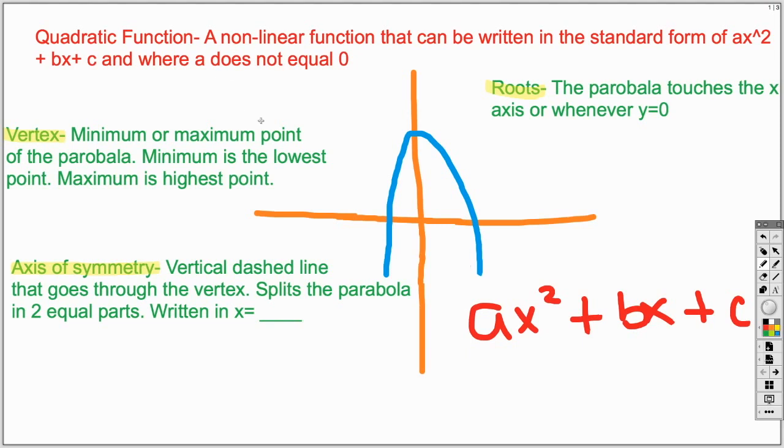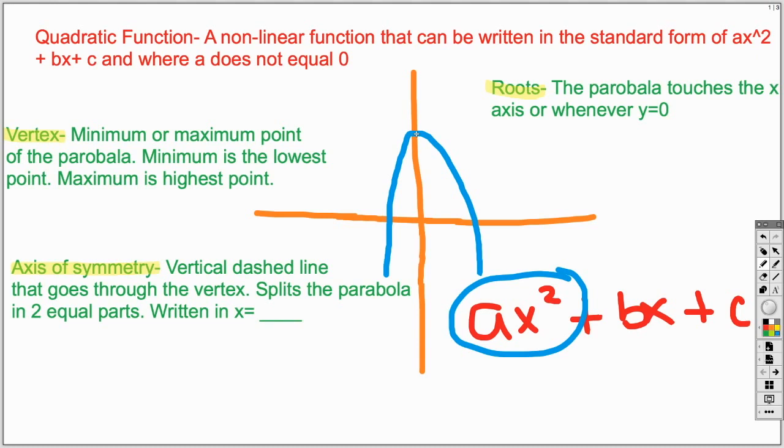That is because of this special part in our standard form. If this equals 0, then it can no longer look like a u, which doesn't make it a quadratic function. So that's why we say that a cannot equal 0.